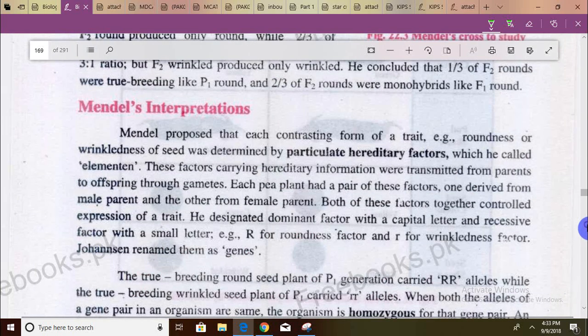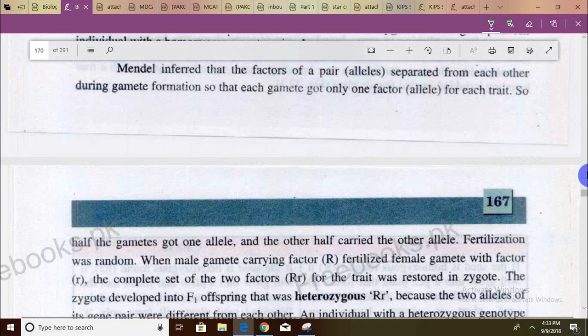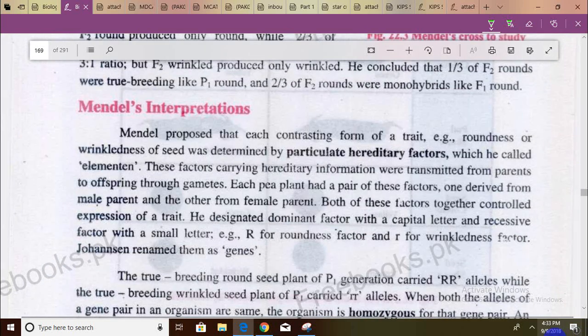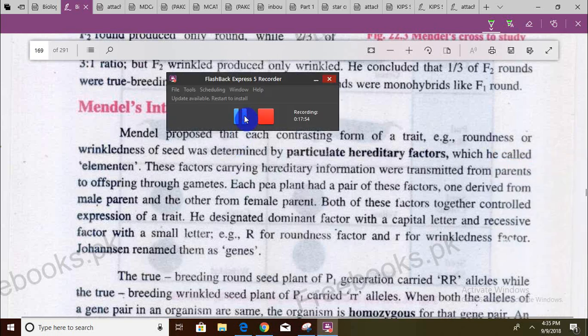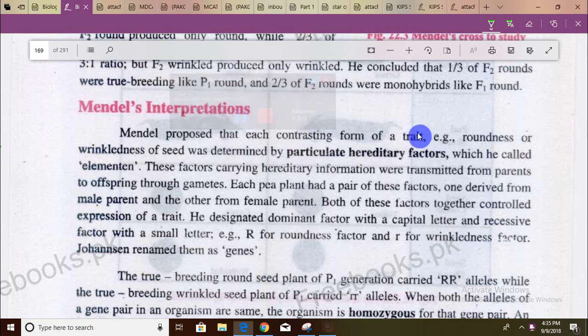So Mendel's interpretations are pretty interesting, as well as the laws that he formulated. Any words on Mendel's interpretation of his work, or more like his observations? So Mendel proposed that each contrasting form of a trait, example roundness or wrinkledness, was determined by particulate hereditary factors, and he personally called them elemental.